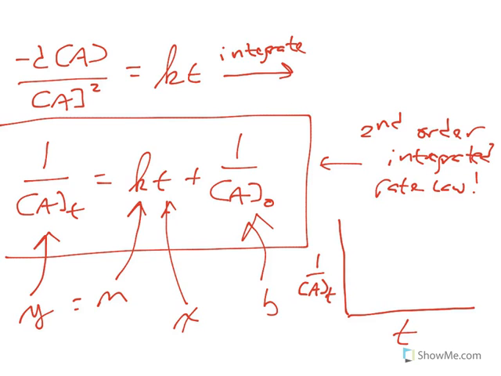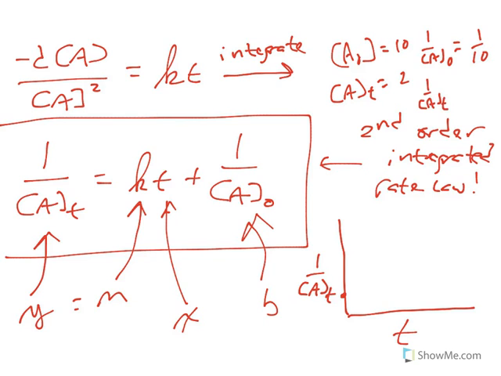But something's a little bit different here. It's going to be our y-intercept. Our y-intercept is actually going to be down here, and it's going to be non-zero. Two reasons. If we have 1 over A_0, let's say our initial concentration is 10 and our final concentration is 2. I'm just making these numbers up. 1 over A_0 would be, as the equation states, 1 over 10, or 0.1. 1 over A_t would be 1 over 2, or 0.5.